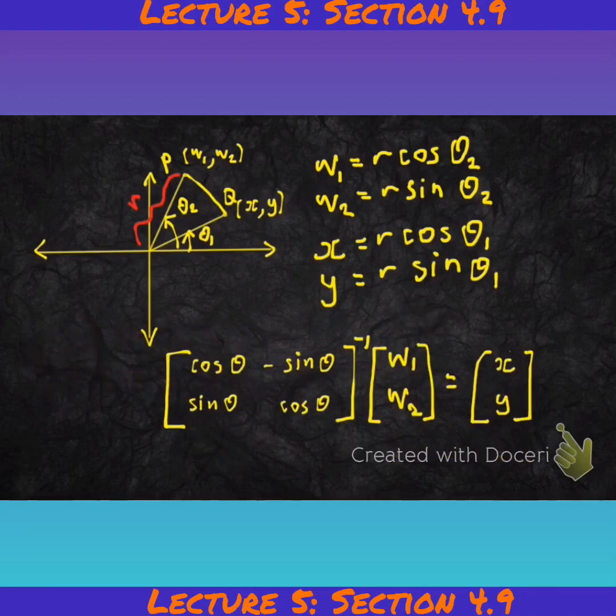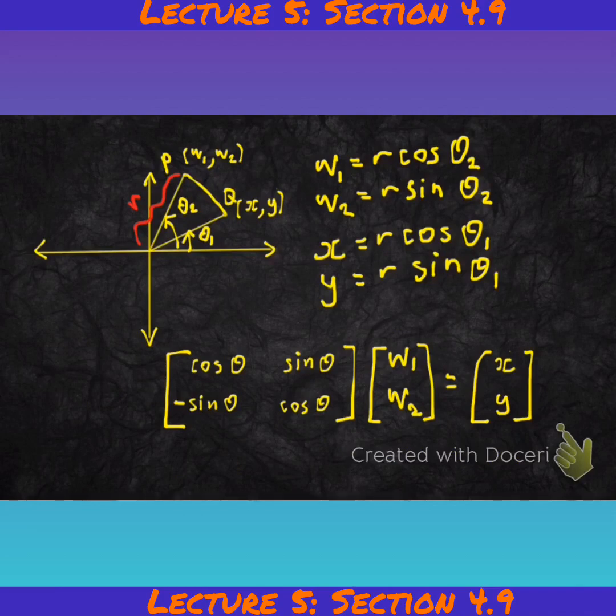Right, so there we just need to find the inverse of the matrix, and that is, right, so there we've got the transformation matrix that transforms the point W1, W2 to the point x, y. So we've rotated P through the angle theta into the point Q.